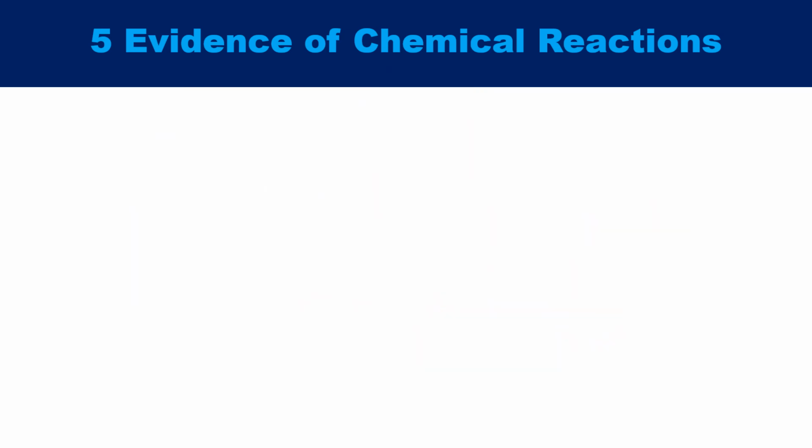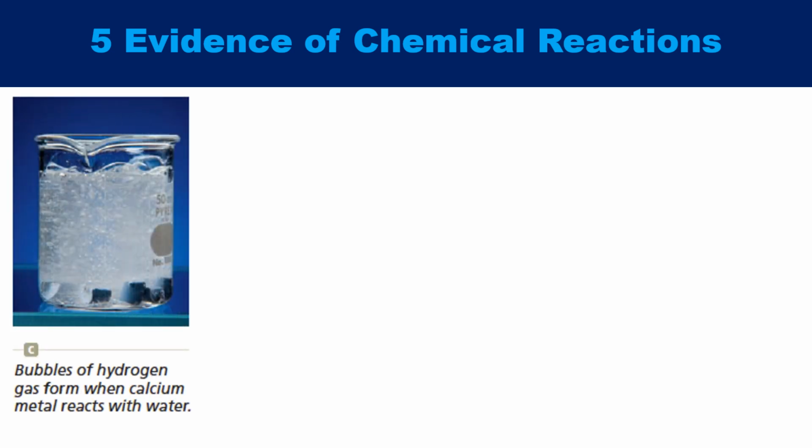The third example is what we know the most, or what we have been seeing the most whenever there's a chemical reaction. It is bubble formation. Let's think about this bubble.